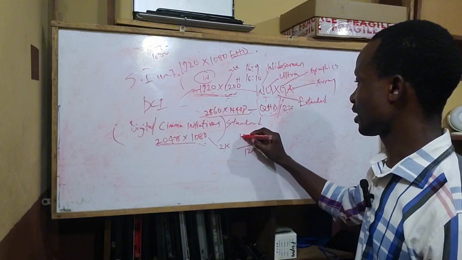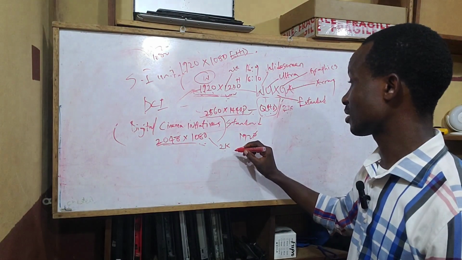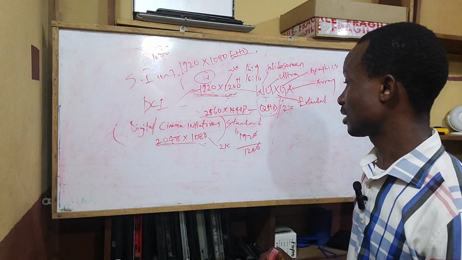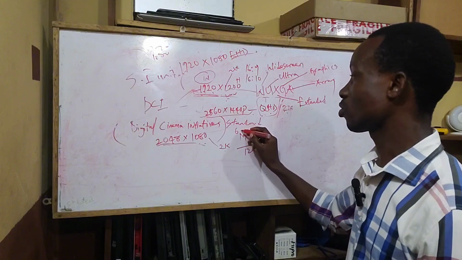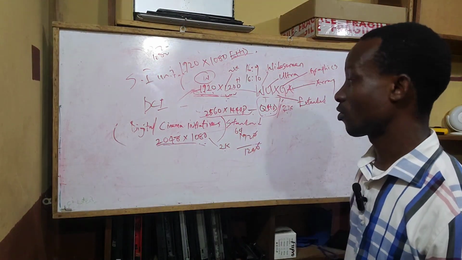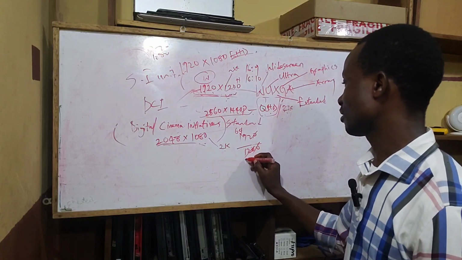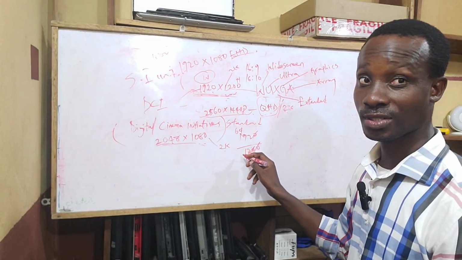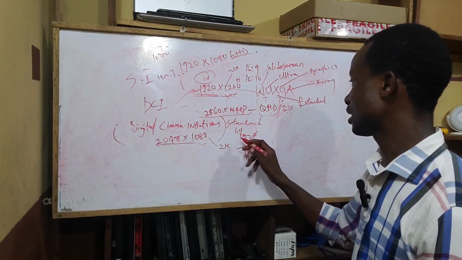Let me try 3. 3 times 6 is 18, 3 into 12 is 4, and 3 times 4 is 12. Then the zero here.